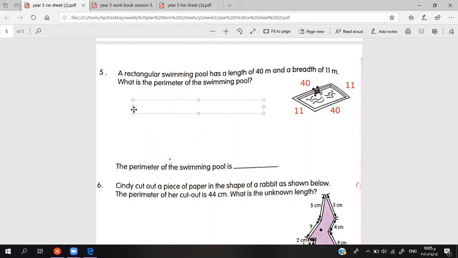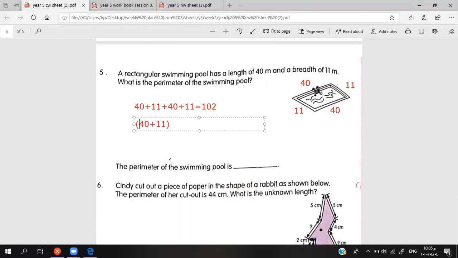I'm going to add them all together: 40 plus 11 plus 40 plus 11. It's going to give me 102. But there is another way I can do it instead of doing all this. 40 plus 11 is repeated how many times? It's repeated 2 times, right?